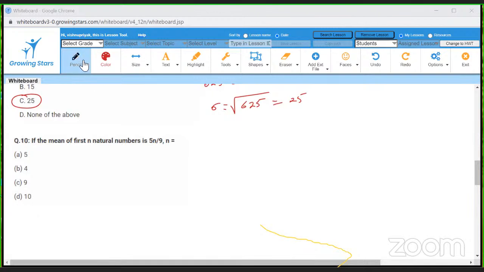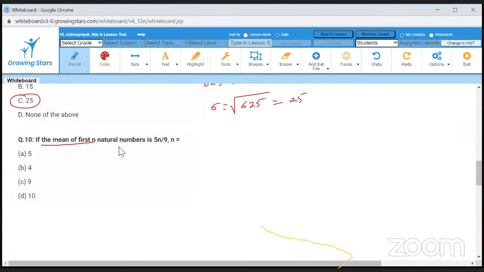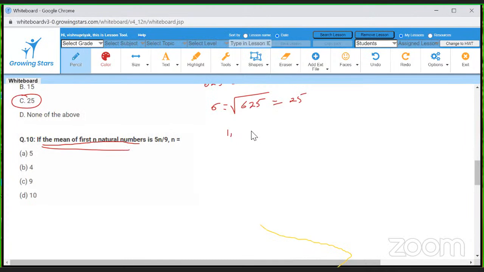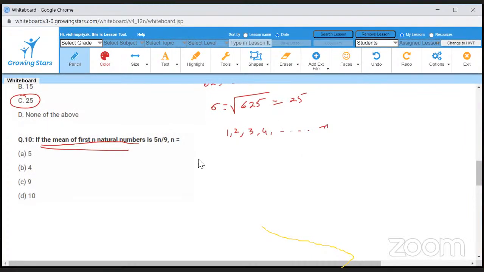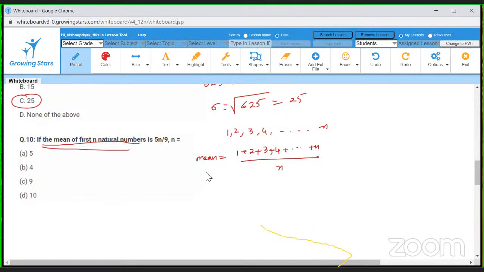How? Mean of first n natural numbers. What are the first n natural numbers? 1, 2, 3, 4, up to n. How will you find the mean? You will add all these natural numbers up to n and divide by n, because total n natural numbers are there.